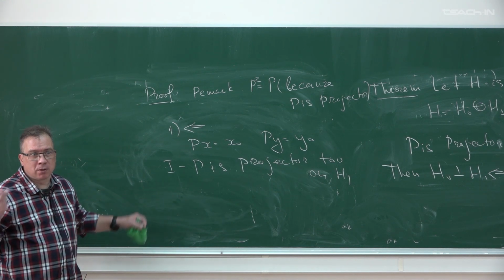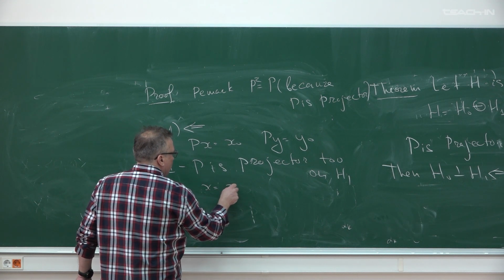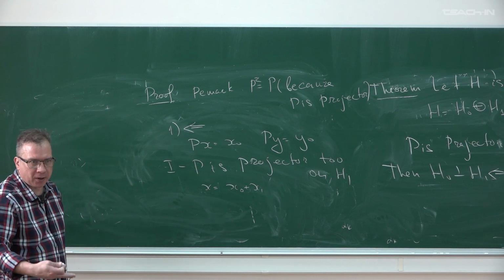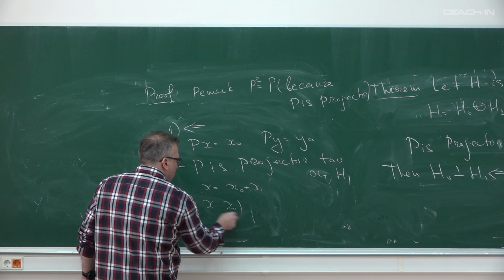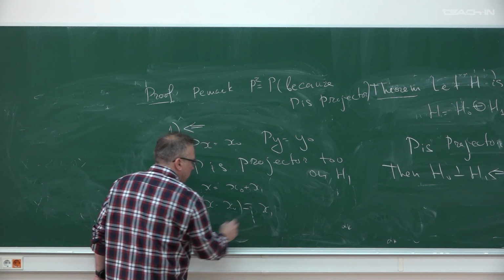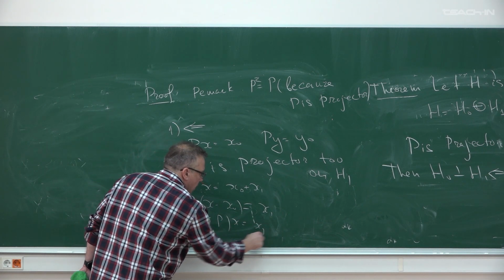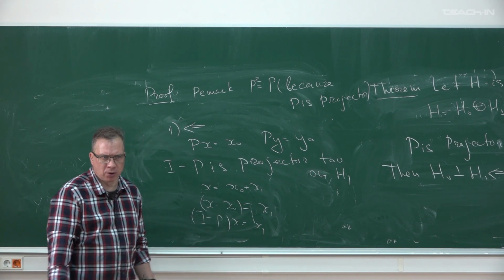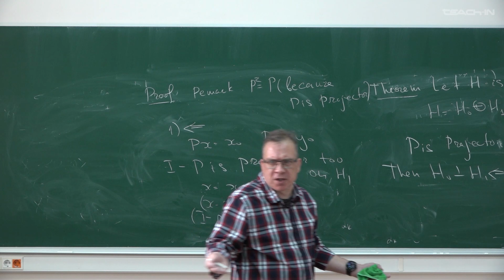You may prove it in different ways. For example, x equals x0 plus x1 by the geometrical definition, and you can see that x minus x0 equals x1, which is (I minus P)x. So this operator gives us the second component, but the order of components doesn't matter, which is the first and which is the second.